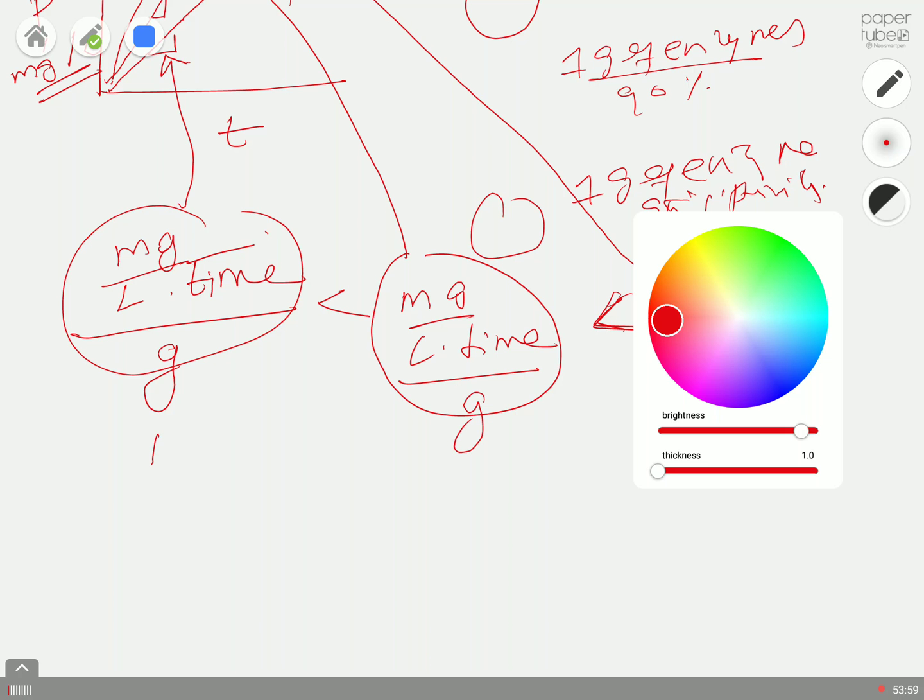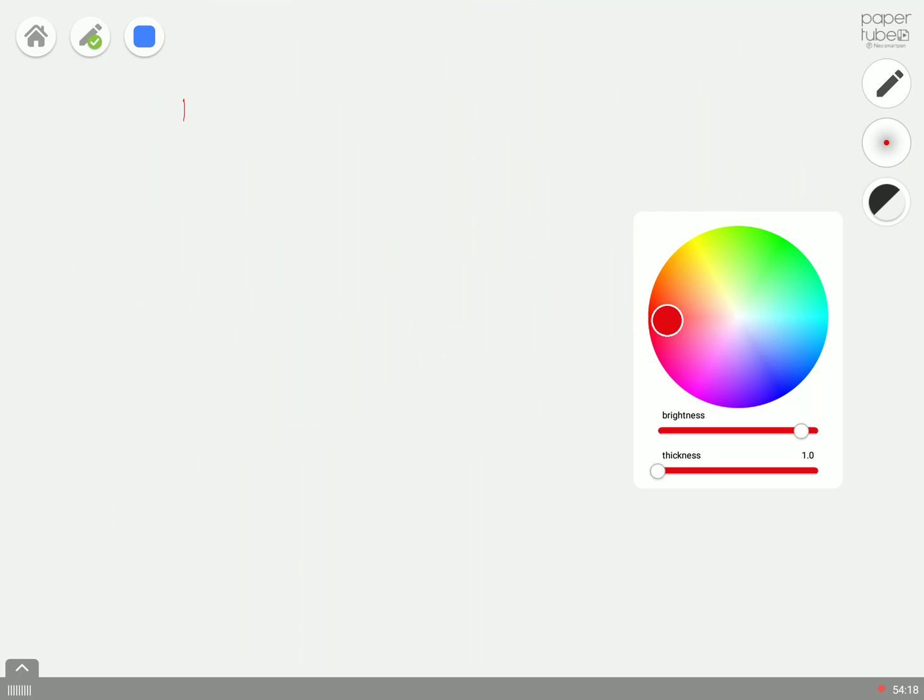So this will give your specific activity. They call this just unit, and that unit will be expressed in terms of milligrams per liter per time per gram of your enzyme.